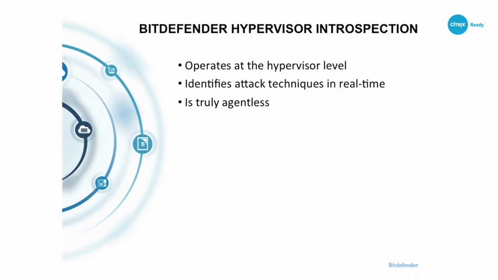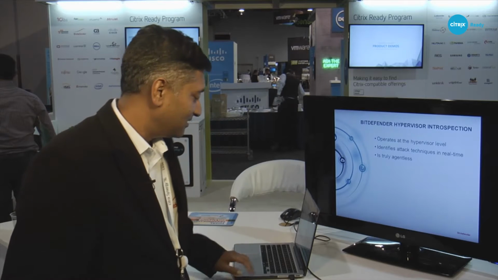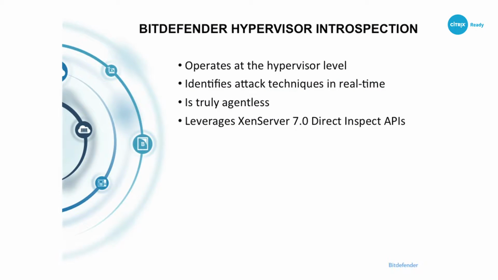HVI is truly agentless. Rather than rely on the typical approach of in-guest agents or scanning VMs that scan files for malware patterns, HVI leverages the direct inspect APIs available in XenServer 7.0 to monitor the memory space of guest workloads from the hypervisor.